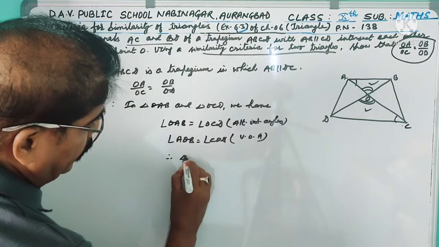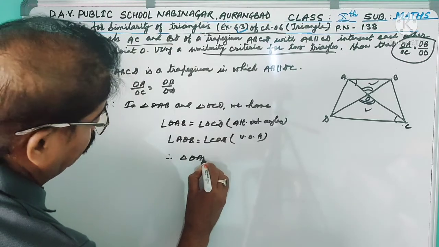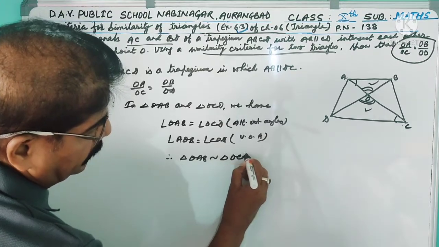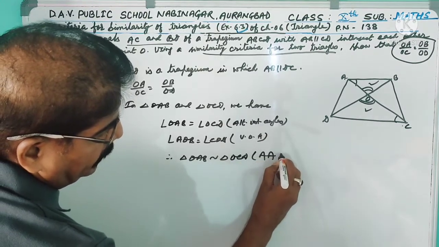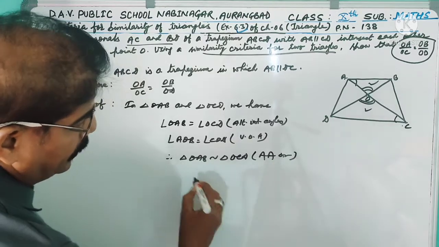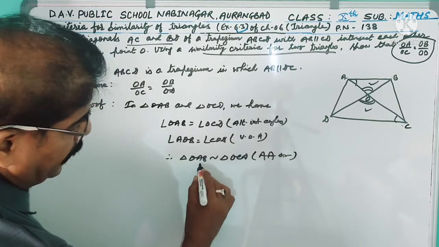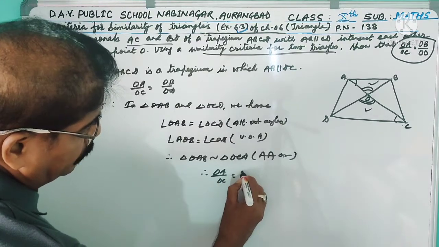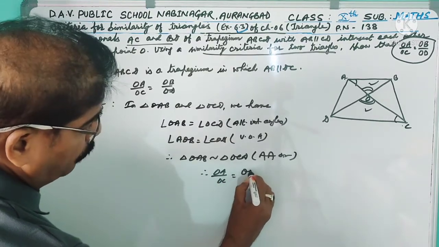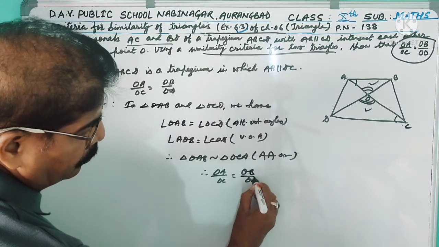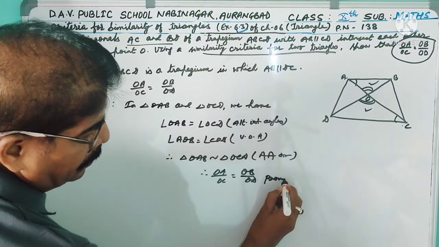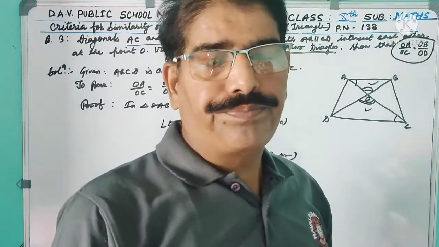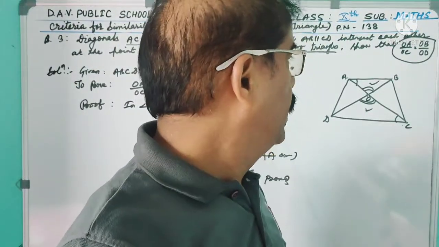So the two triangles OAB and OCD are similar by angle similarity. Therefore, OA by OC equal to OB by OD. Proved. So dear friends, solve in the same way.